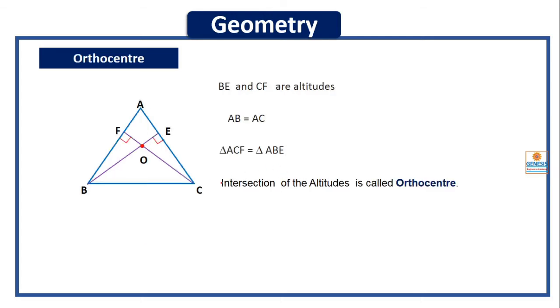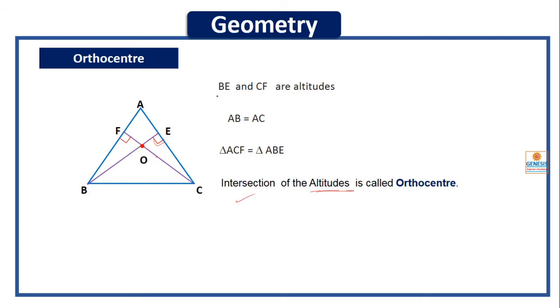Next one is the orthocentre. The orthocentre is nothing but the intersection of perpendiculars, that is altitudes. You have to draw a line forming 90 degrees at the opposite side, and then it is called an altitude. This is also an altitude, and at the intersection of altitudes, I have drawn only two, and the third one must pass through this point. So I can call it the orthocentre.